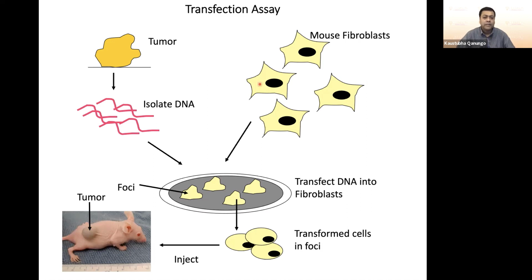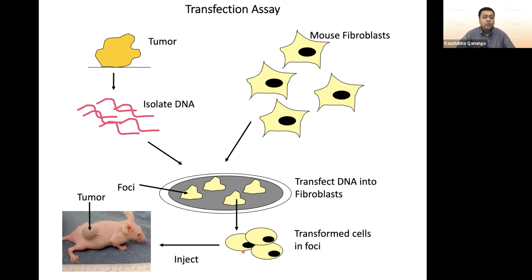What will happen is that these cells will grow in piles, some of them, not all, where you successfully transfect this DNA. These are the transformed cells. They will form these foci, which are the neoplastic phenotype.